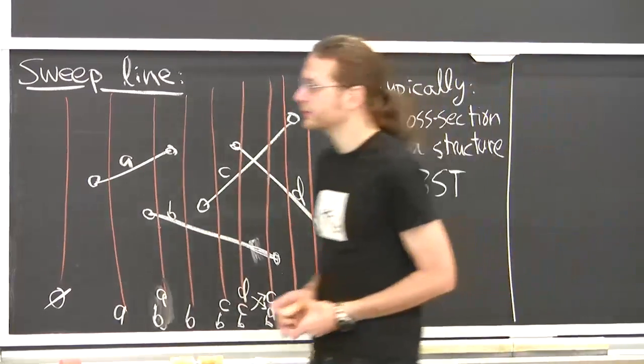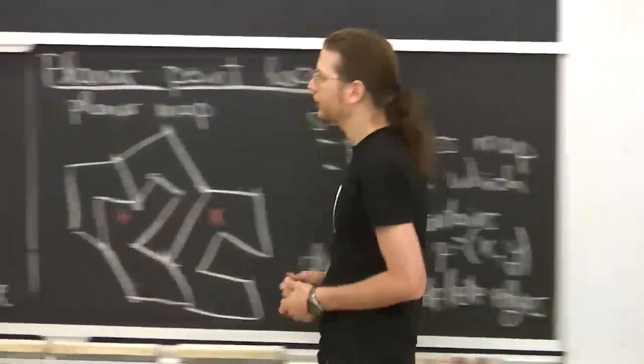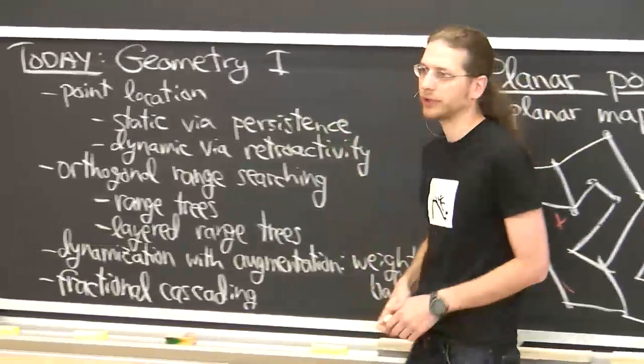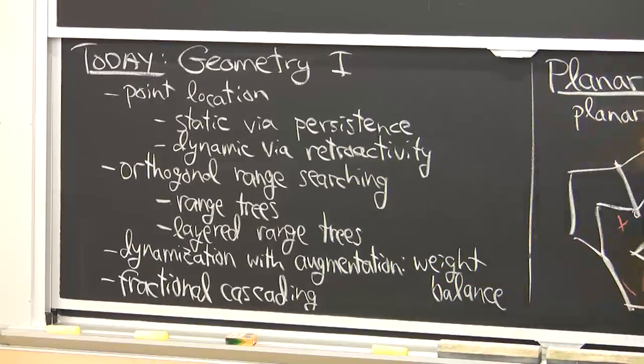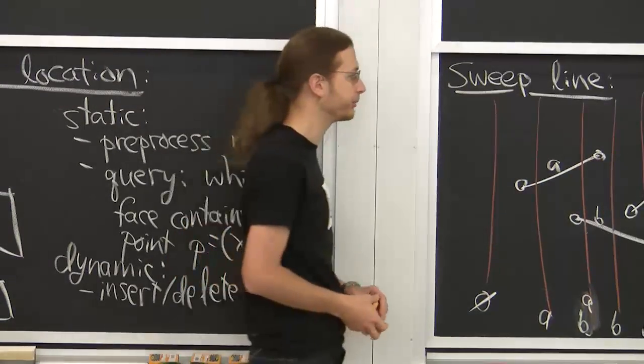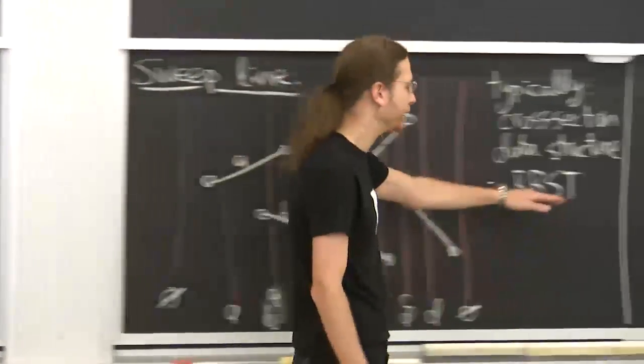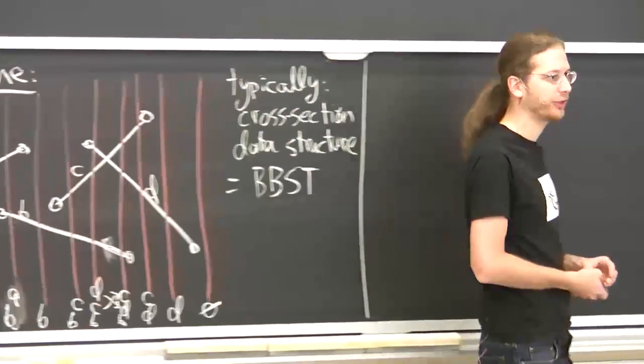Our idea is, what if we add persistence to that binary search tree? So instead of a regular binary search tree, we use a partially persistent balanced binary search tree, which we know how to do. This is a bounded in-degree structure. We can make it partially persistent with constant overhead.